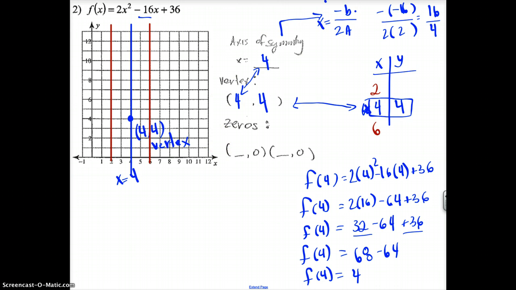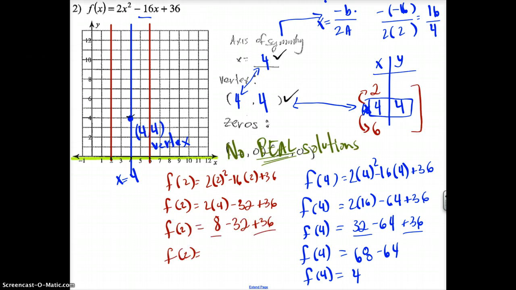I don't have to do the ones right next to it. f of, let's do 2, the number's a lot smaller than that 6, so 2 times 2 squared minus 16 times 2 plus 36. So f of 2, every time I see an x, I'll put a 2. 2 times 2 squared is 4 minus 32 plus 36.